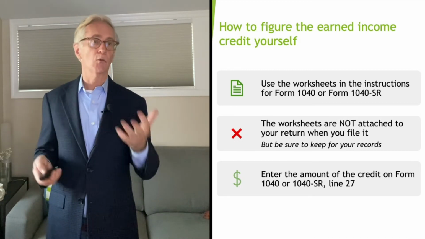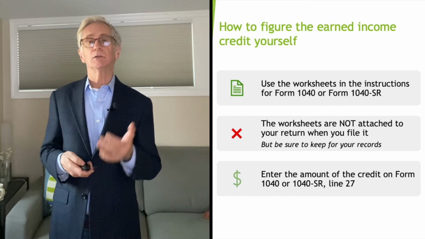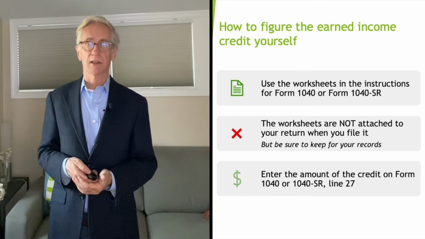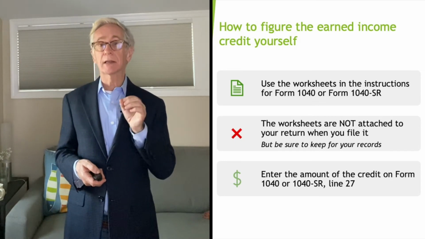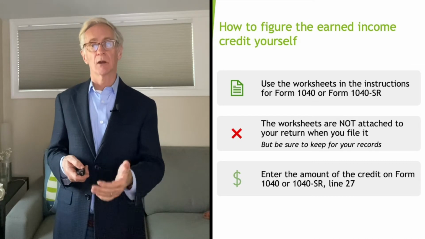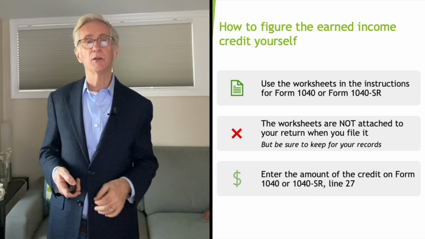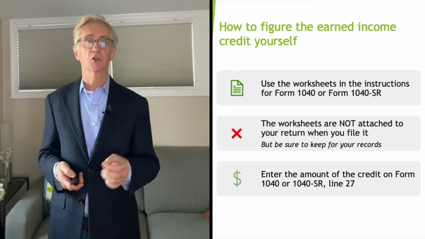They go through all that with you. So you fill out those worksheets. You do not file those worksheets when you file your return. But please, please, please be sure to keep those worksheets for your records, because if the IRS were to ever audit you, and I hope they never audit you, but if they were, then you would really need to have those worksheets to be able to show them.